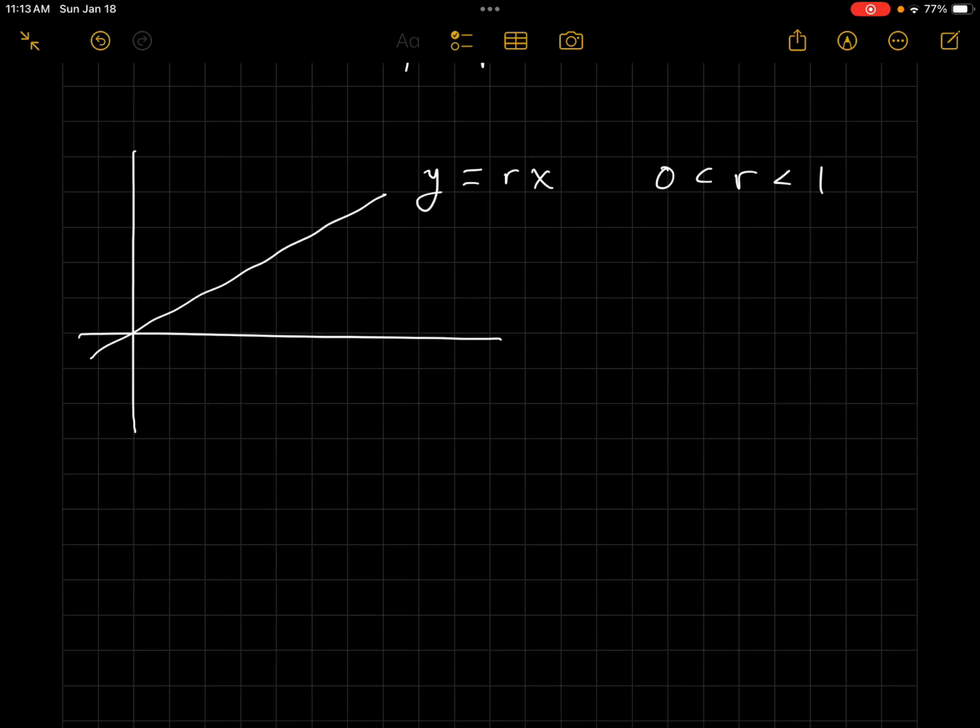The second line is going to be the line, and I'm not going to draw quite to scale here, but just get a picture here, the second line is going to be the line y equals x minus 1.